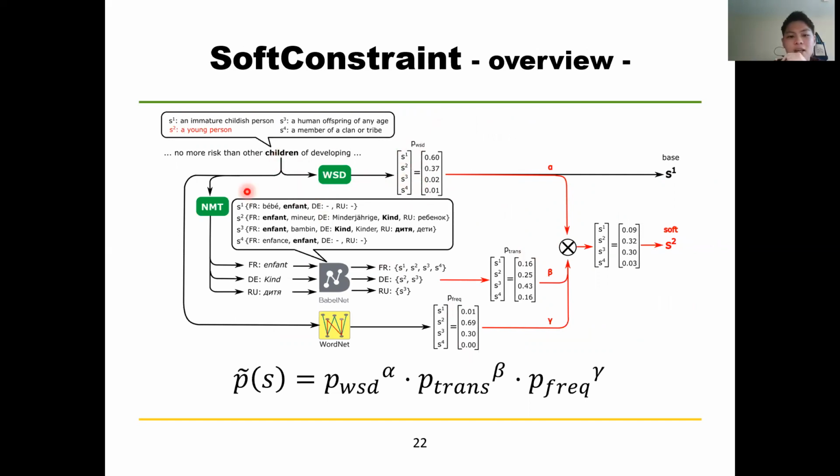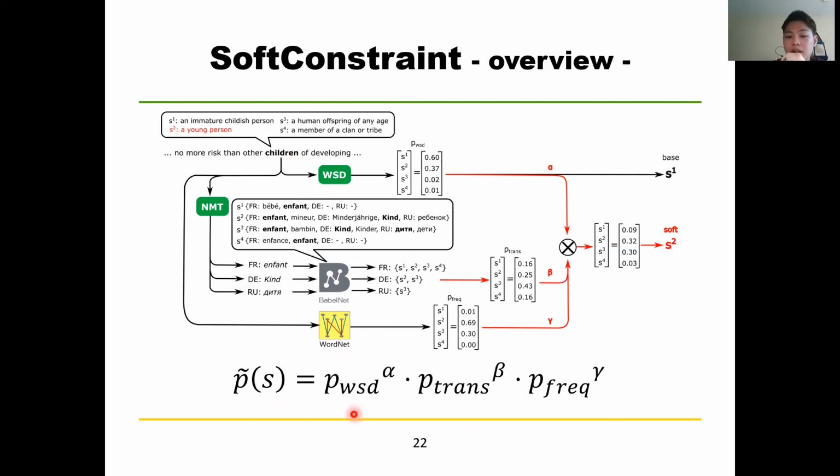Then we get the translations and query BabelNet to get a score based on translations. And then we get the sense frequency information from WordNet or other resources as the third component. Based on those three components, SoftConstraint makes the sense prediction based on this formula here.